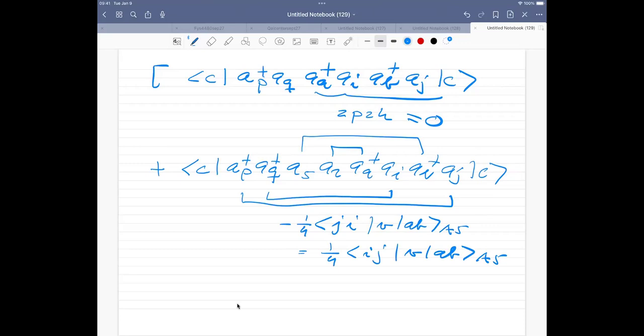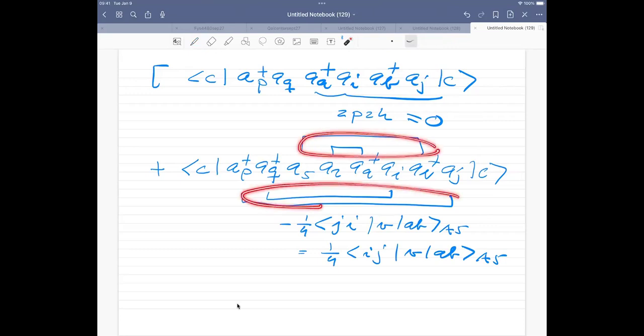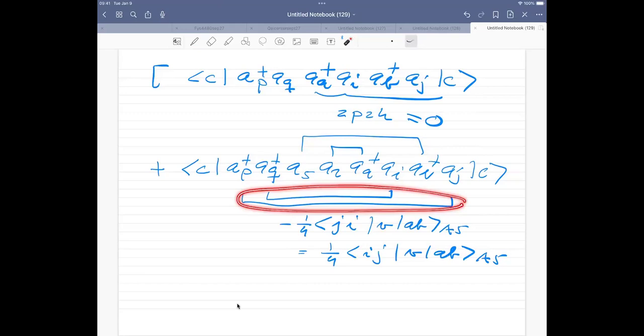Now, the next thing I can do is to actually keep these two fixed and simply change these two. And that will give rise to this IJ element plus a minus sign, so I get a plus again. The next thing I can do is keep these whole states, the contractions here, fixed, and then just change that one.